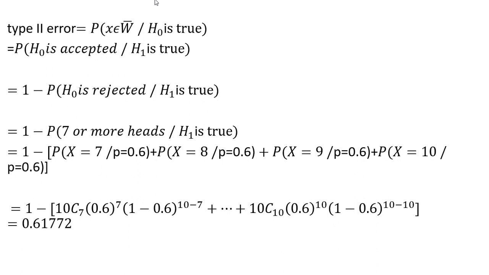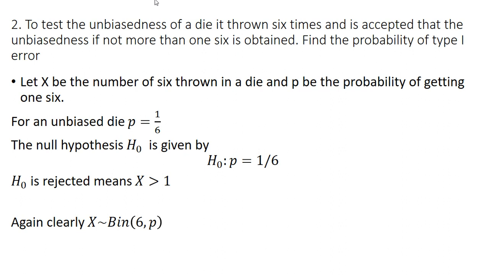The problem based on type 1 error and type 2 error is very important. One more problem: to test the unbiasedness of a die, it is thrown 6 times, and it is accepted as unbiased if not more than one 6 is obtained. Find the probability of type 1 error. To test the unbiasedness of a die, we don't know yet whether a die is biased or unbiased.